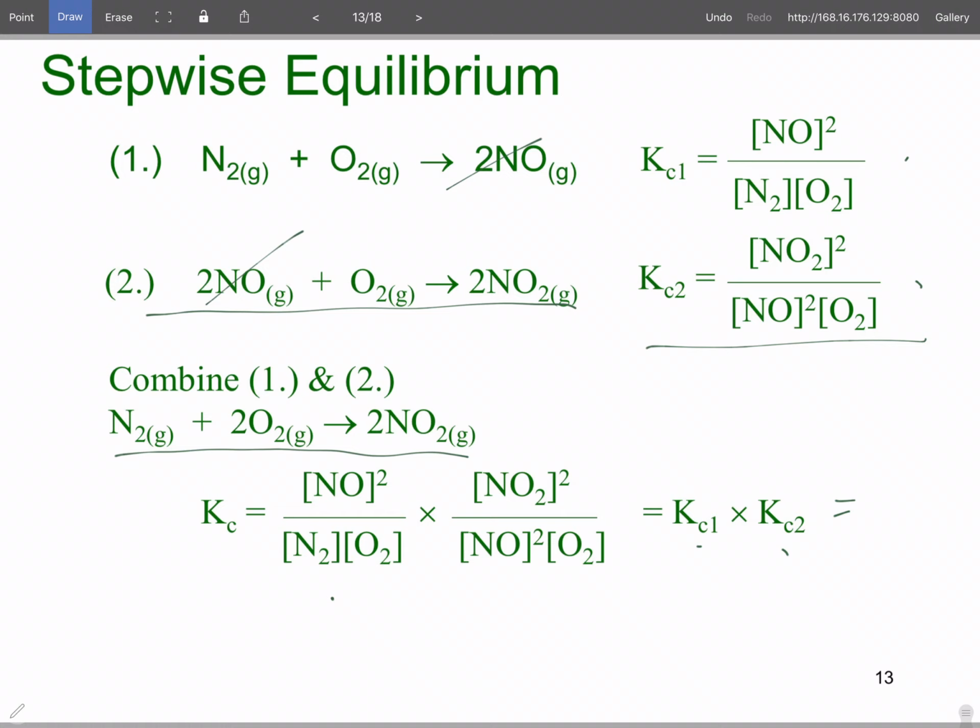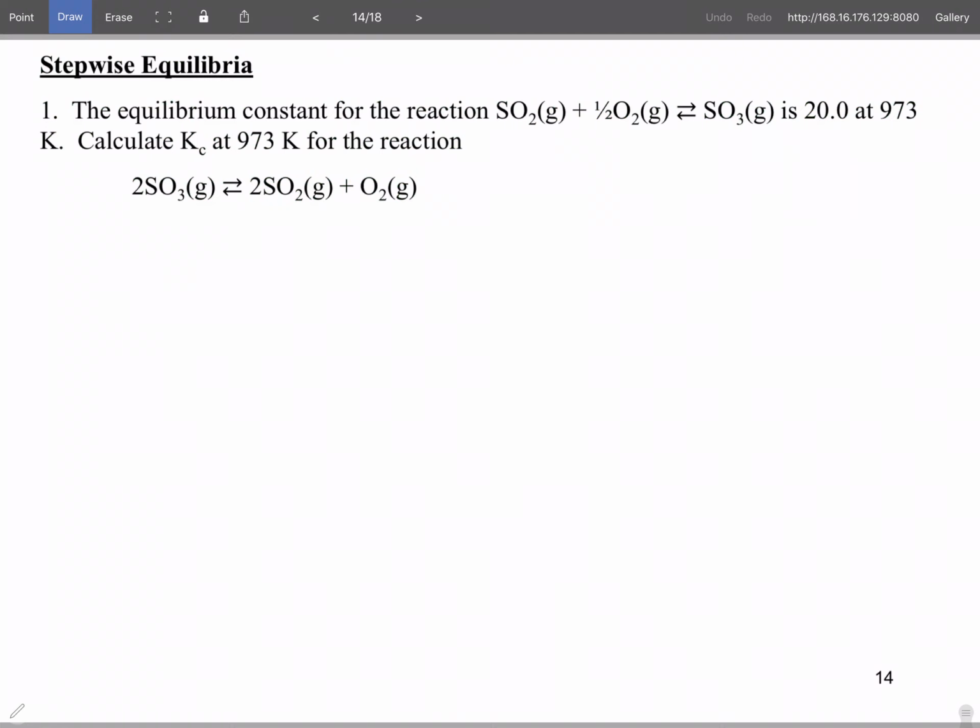Okay? So the net effect is if you multiply an equation, it's going to change K by the exponent. If you flip it, you're going to go 1 over K, etc. So what this will do is allow us to look at an equilibrium and adapt it.